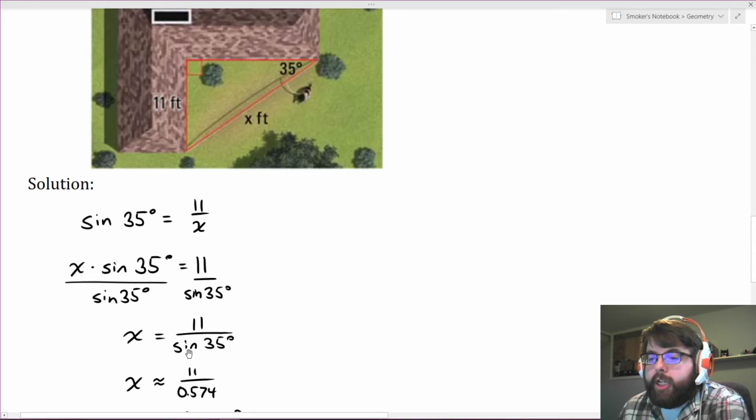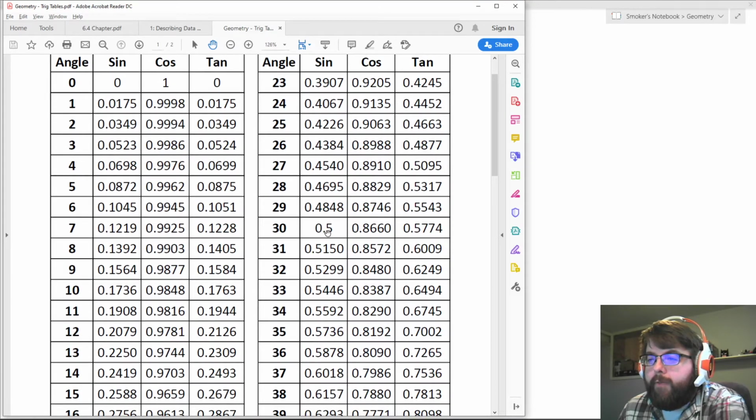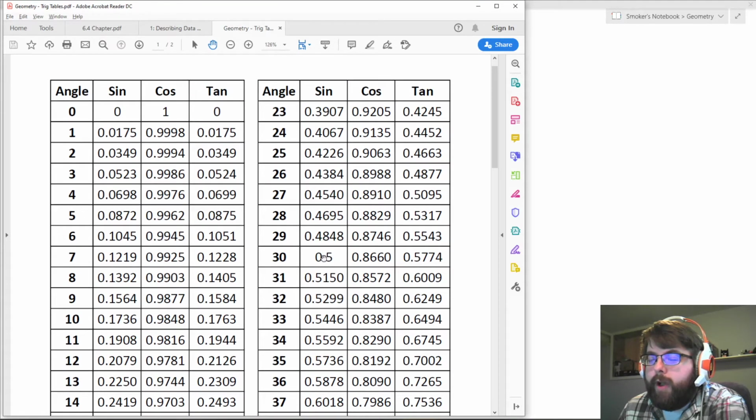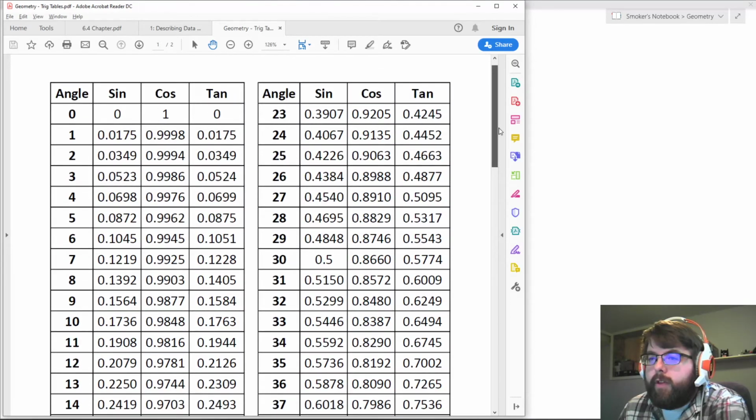So I'm changing the sine of 35 degrees to 0.574. Whenever I use a value on this table, other than very occasionally, like 0.5 would be an example. Anytime you have a 0.5 or 1/2, 0 or 1, you don't need to do this, but any other time you use a value, all these are approximated values.